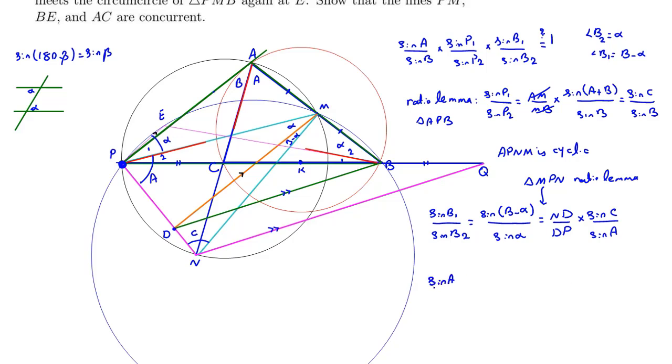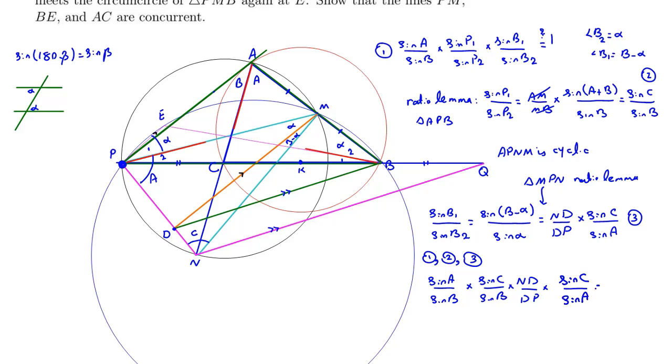We should prove sine A over sine B. Let's consider this part 1, this part 2, and this part 3. By the first, second, and third, we should prove that sine A over sine B equals, by the second one, instead of sine P1 over sine P2, we write sine C over sine B, times sine B1 over sine B2, which by the third one is ND over DP times sine C over sine A, equal to 1.